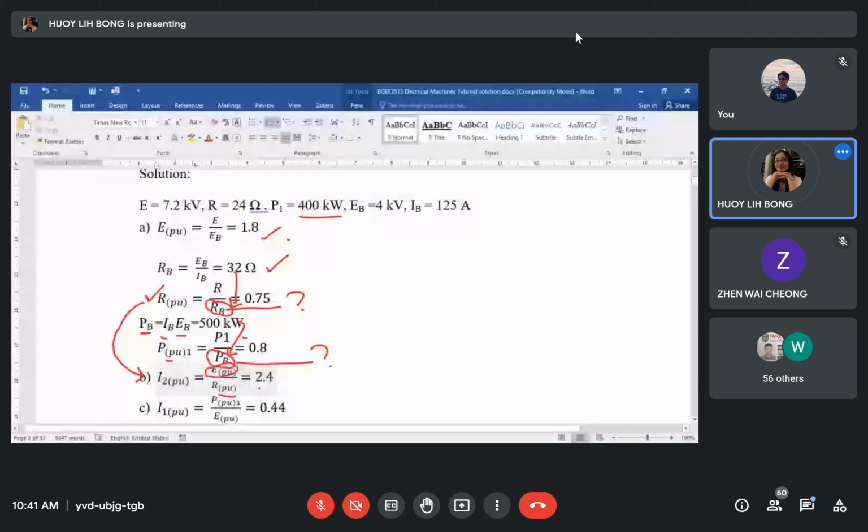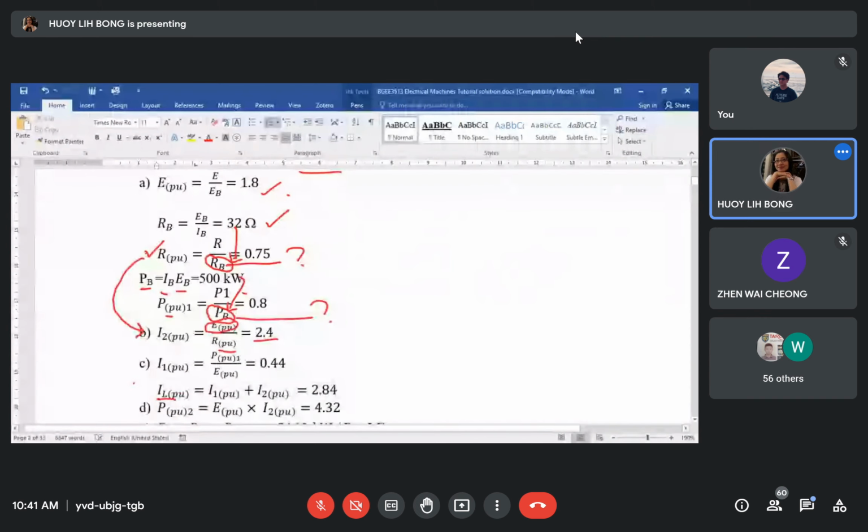Then to find IL, you have to find I1 first. Again, write out the equation. This is missing, we don't know this, so you have to find it first. This one you already found. So I1 is at the boiler side. You already know the per unit power at the boiler.